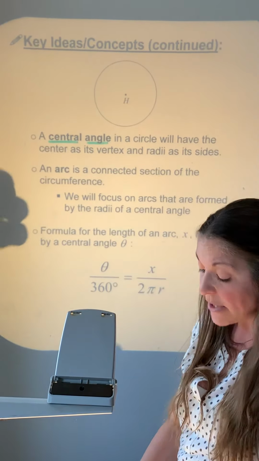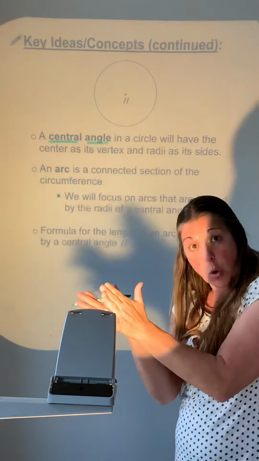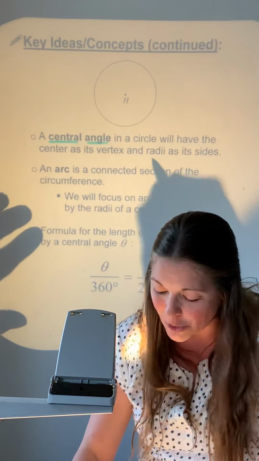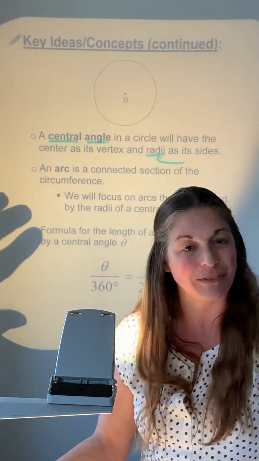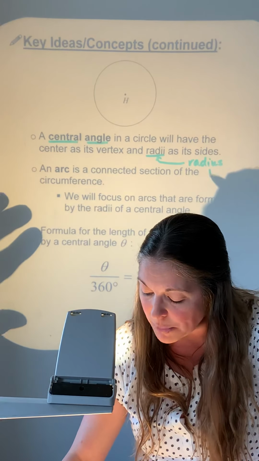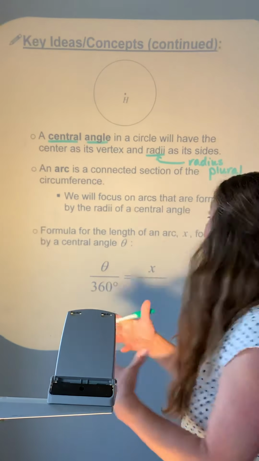So a central angle in a circle will have the center as its vertex, remember the corner, and radii as its sides. So now just so we're clear, because I realize that's the first time we've used this, it's just radius, but the plural form. Okay, so radius plural is radii.